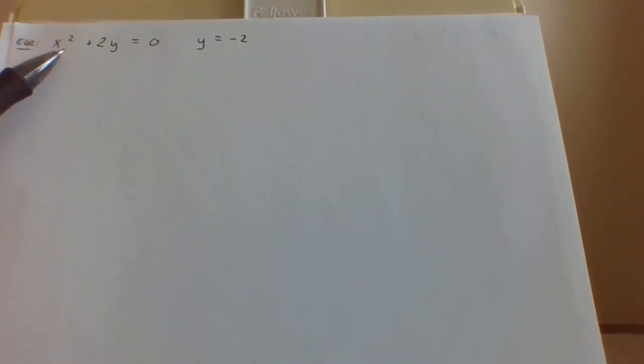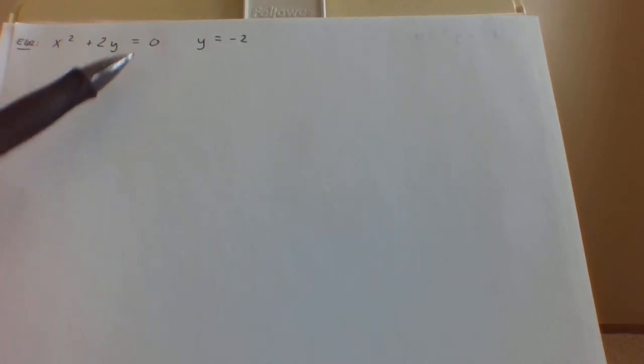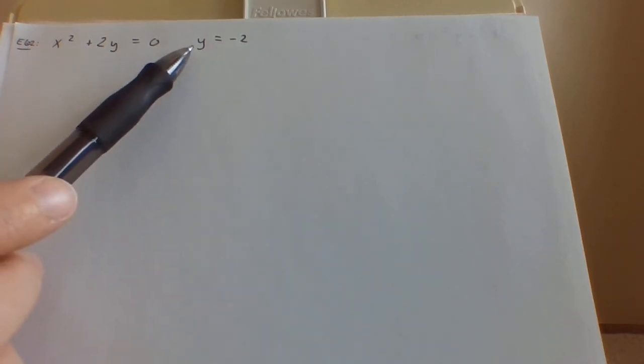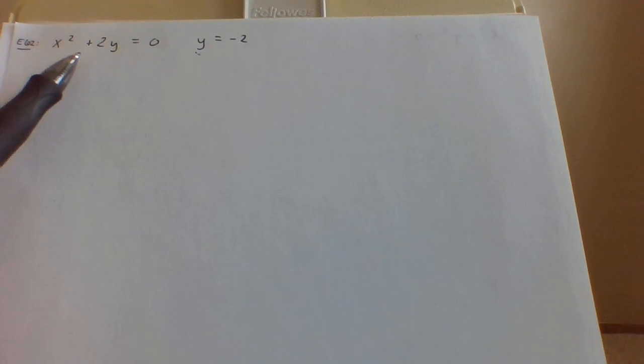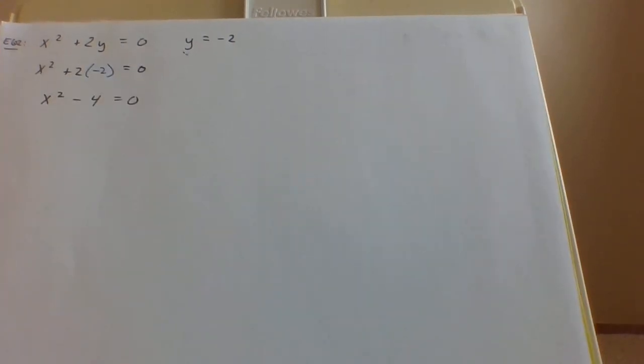I chose equation 2, which is x squared plus 2y equals 0, and I'm going to start with my y value of -2 and plug it into this equation so I can solve for x. When I plug it in and simplify, I end up with x squared minus 4 equals 0. I want to solve this equation for x, so I'm going to go ahead and add 4 to both sides.